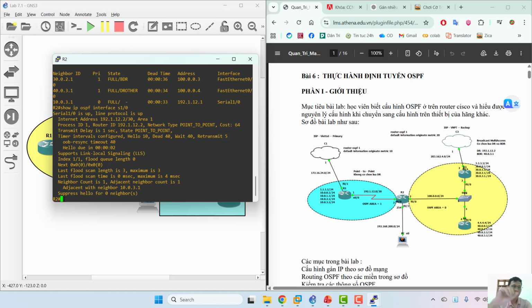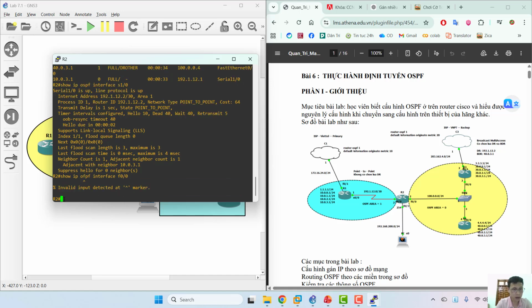With the same line, we can check the Ethernet ports, for example. So show ip ospf interface F0/0.